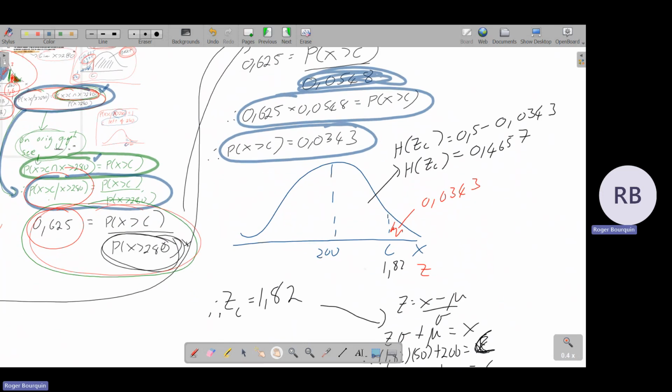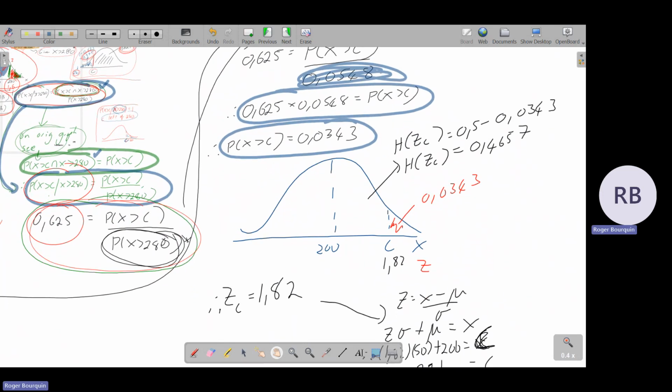So if I draw up a new diagram for this data, mu was equal to 200, so z is 0 there. I'm told that the probability that x is bigger than c is 0,0343. So that's that area over there, if that is c over there. So I've got to go find the z score associated with c.